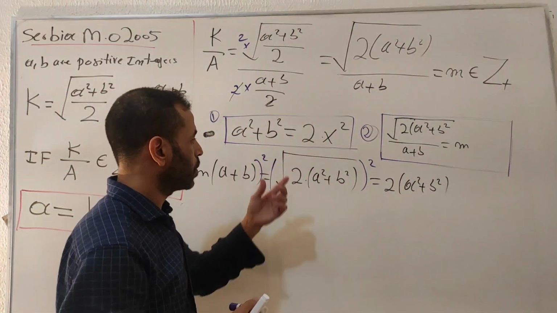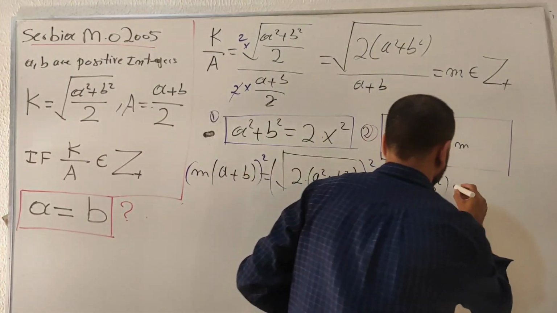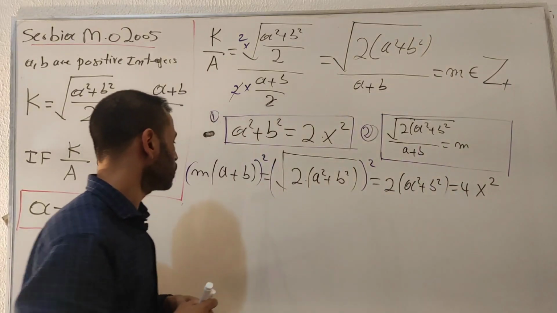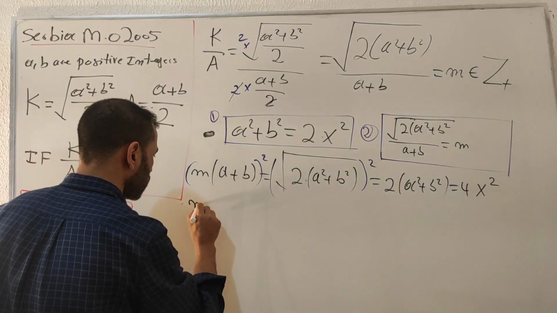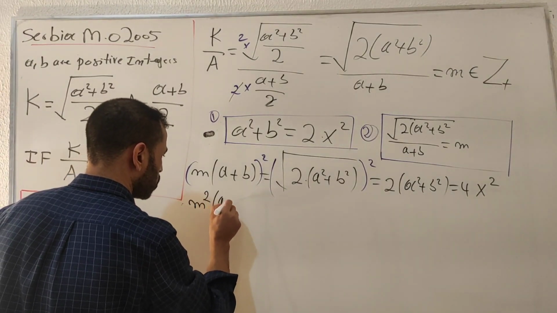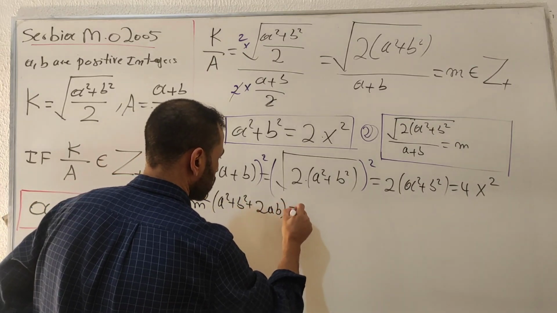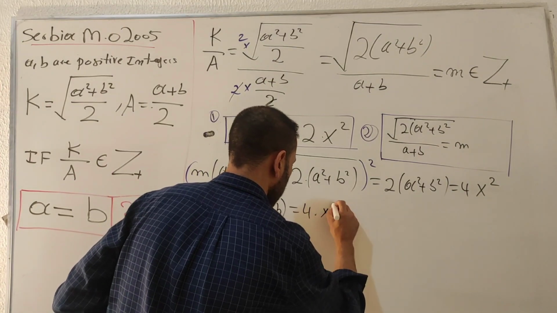Then replacing this a square plus b square with 2x square, I get 4 times x square. Then expand this one out. I get m square factor (a square plus b square plus 2ab), which equals 4 multiplied by x square.